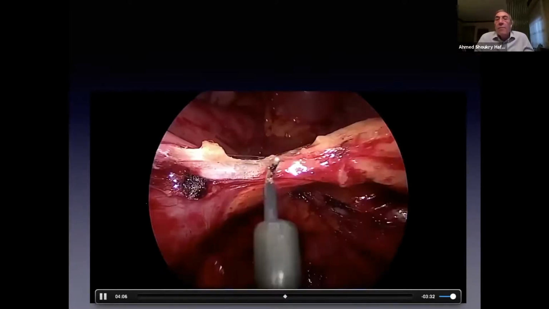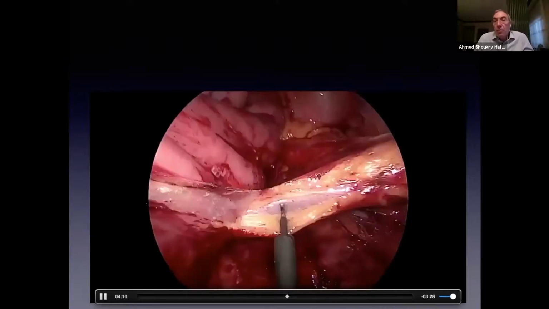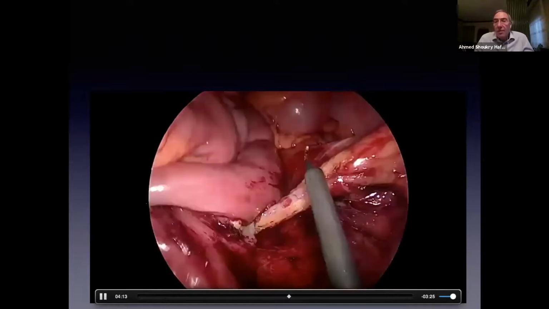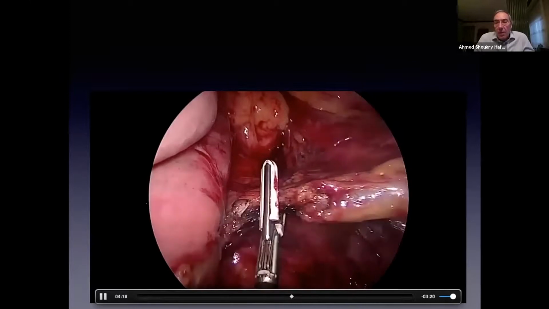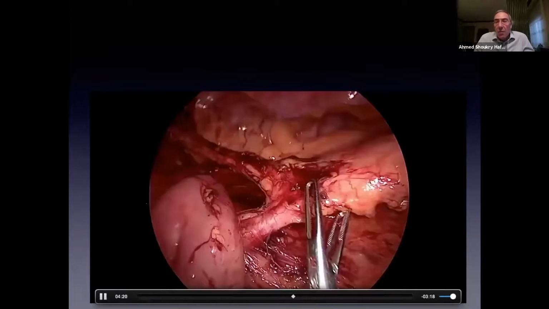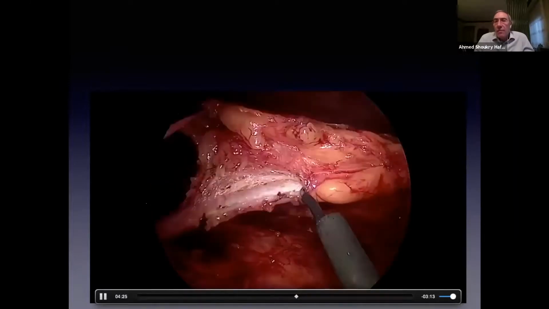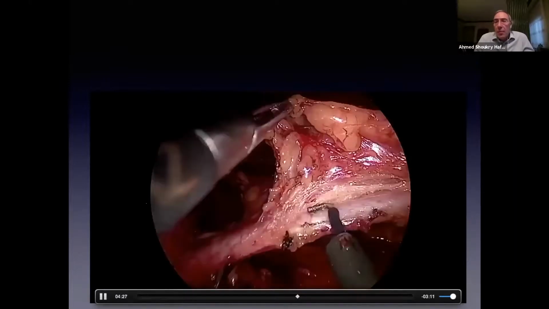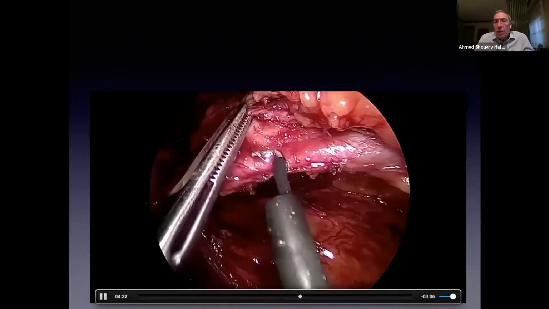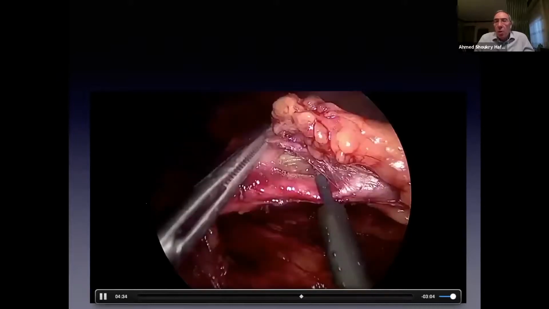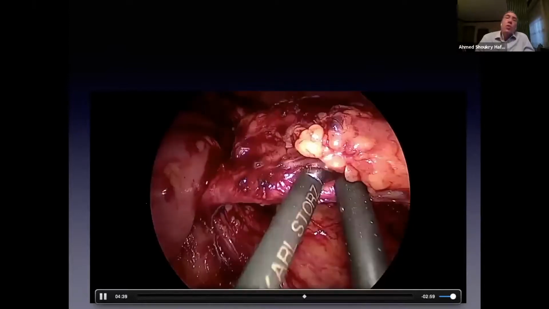And we have also planned what to do, because we wanted to spare the left colic artery and do a selective ligation of the inferior mesenteric artery. We have taken down the vein, and now we are doing the lymphadenectomy around the artery and exposing the origin of the left colic, because we wanted to spare the left colic to ensure good vascularity.